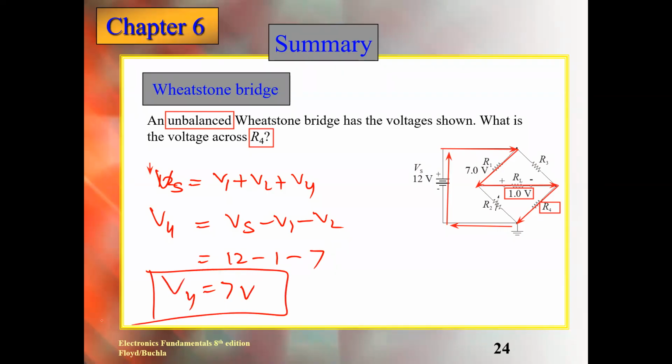Clear? 4 volts. Yes. Okay, so this is the way, and this is very basic. It's just KVL, Kirchhoff's voltage law, and it is about series circuits. Clear? Any doubt here?